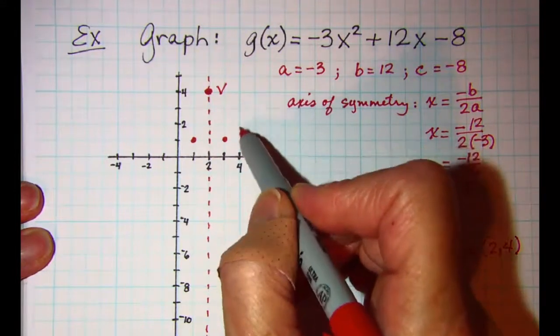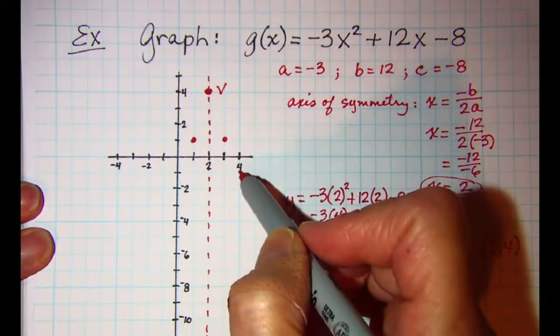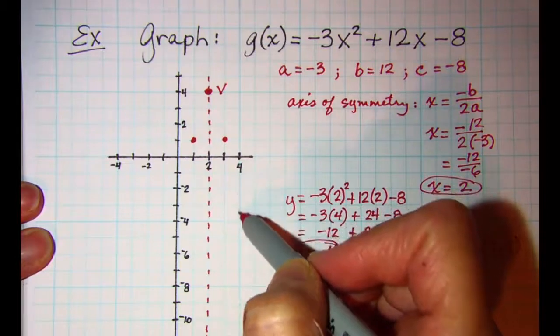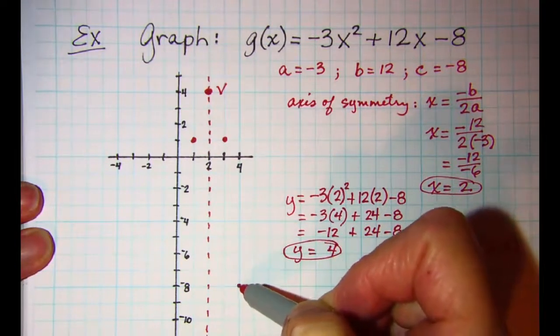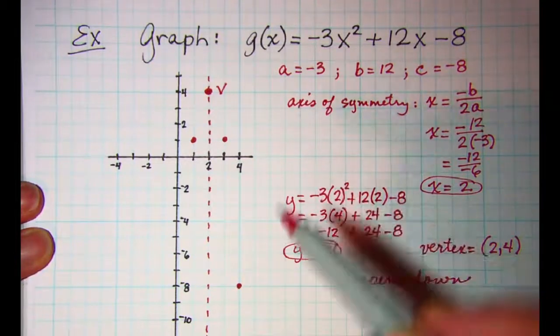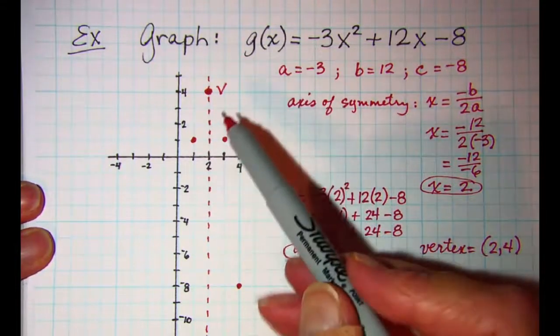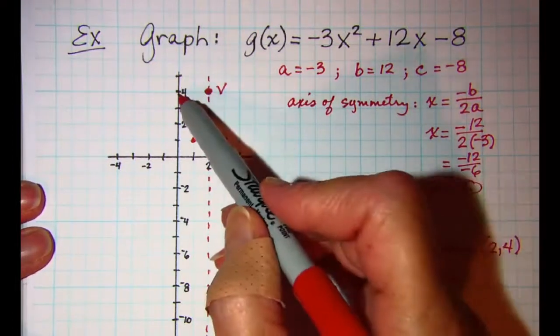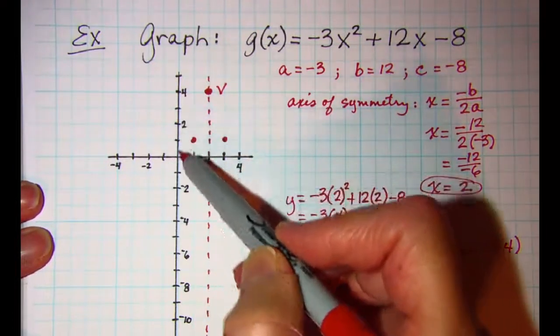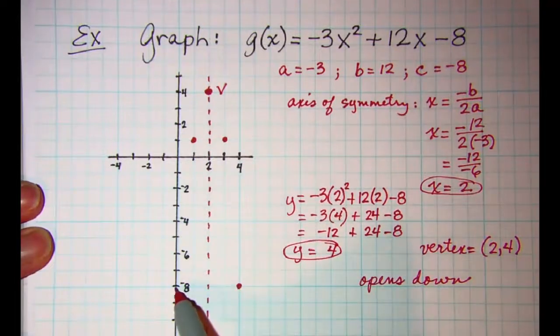So 1, 2, 3, 4, 5, 6, 7, 8, 12. Also, when I go left 2, I need to go down 12. So down 12 would put me at negative 8.